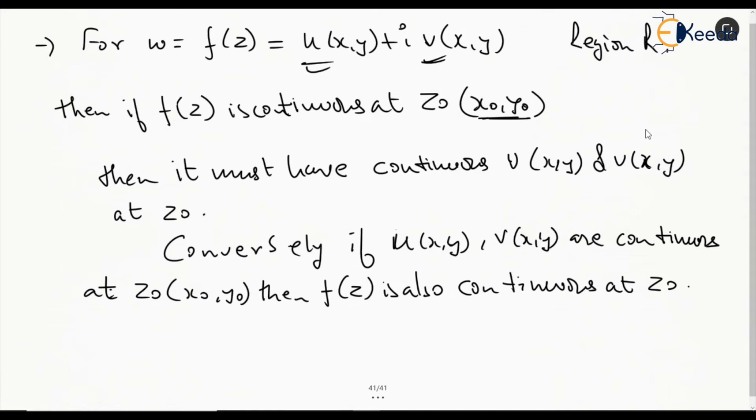So the converse is also true, which means if the function is continuous, the real and imaginary parts u and v must be continuous, and conversely, if u and v, the real and imaginary parts, are continuous, then definitely the function will also be continuous.